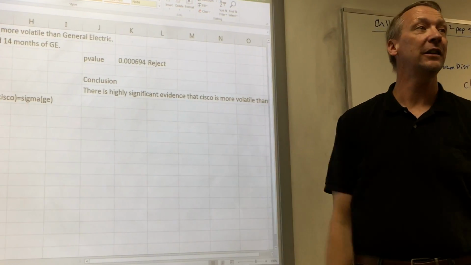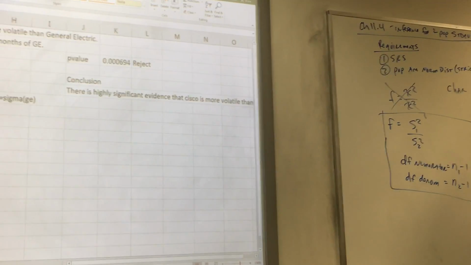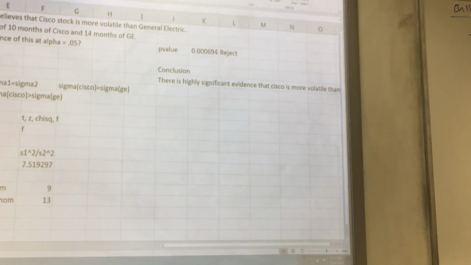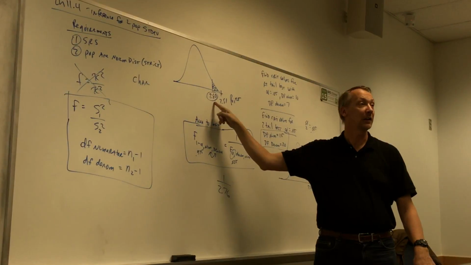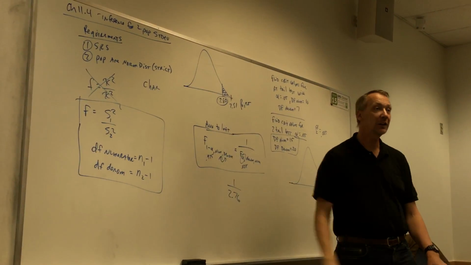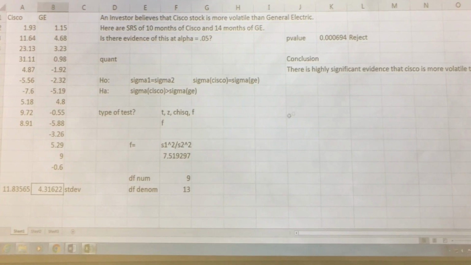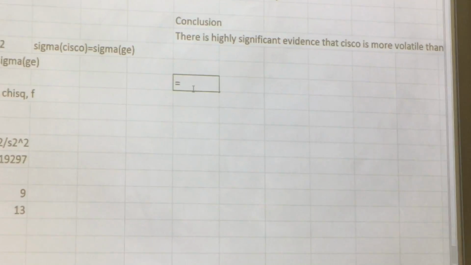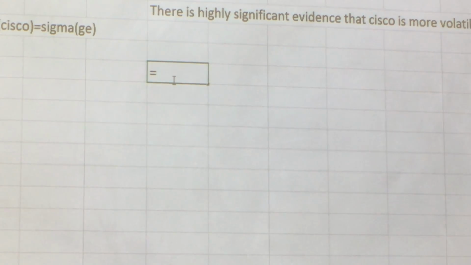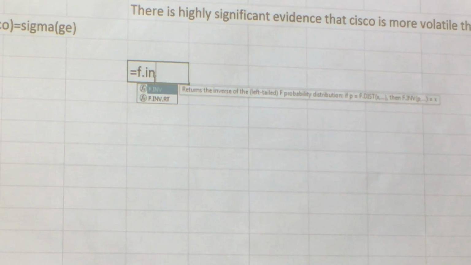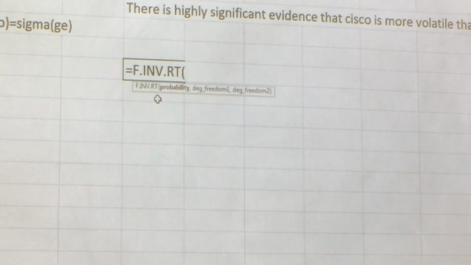So, highly significant. Now, just for fun, I got a computer, right? Do you think it can tell me what this true value should be? What do you think the command should be? F dot inverse, right? And we're going to do a right tail test.